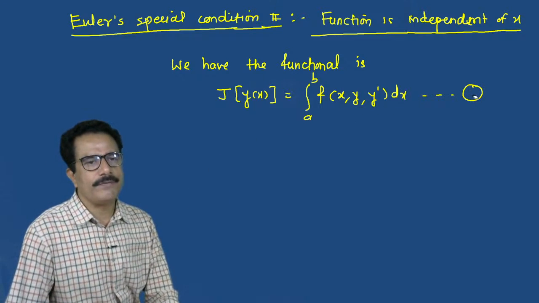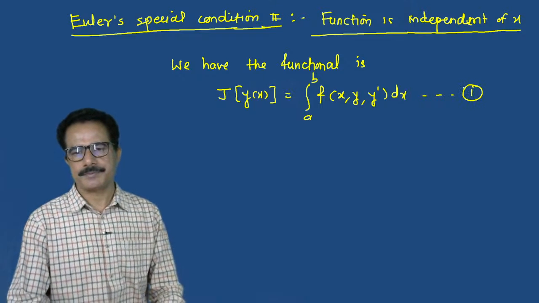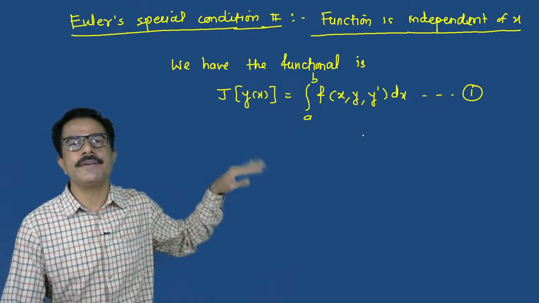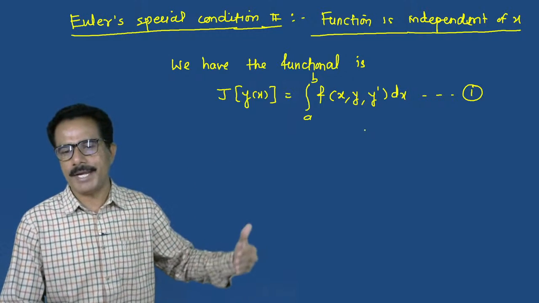Now suppose this given functional is in the form of x comma y dash.